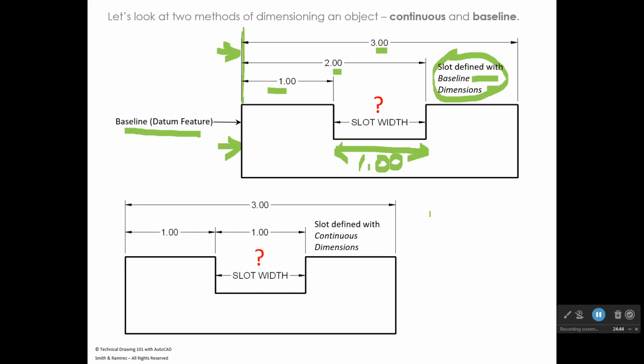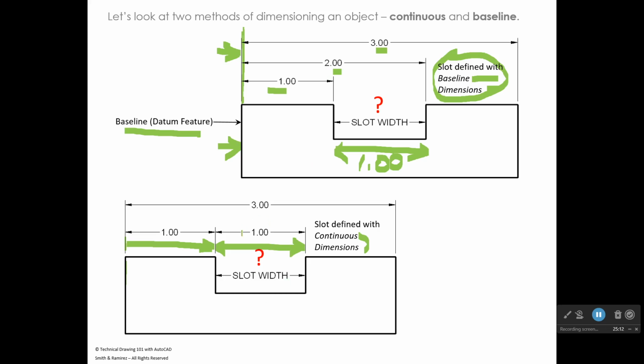The alternative to baseline dimensioning is called continuous dimensioning, and I want to show you how it works. We have a datum feature over here that we start from, and we dimension to the first side of that slot, and we go 1 inch, and then we dimension from the edge of the slot to the opposite edge of the slot. You can see the difference in the two, but how wide is the slot?